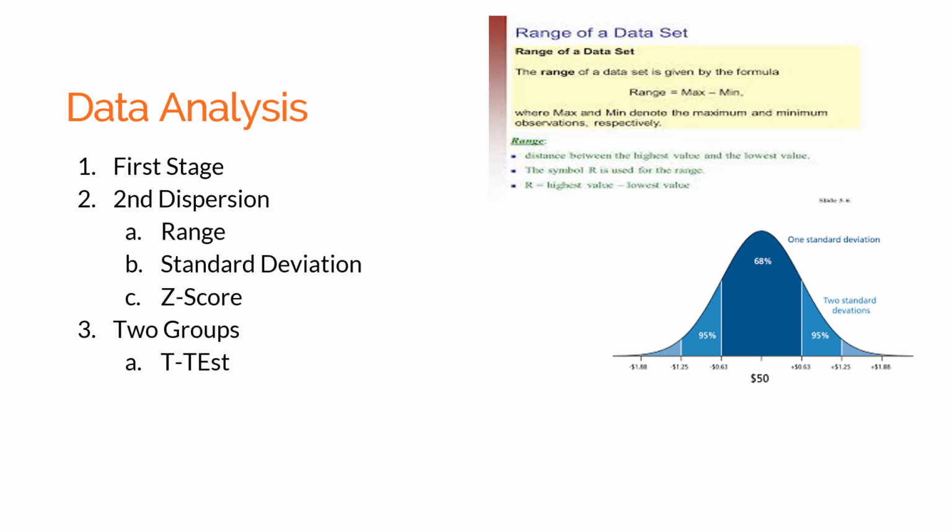Once you've collected your variables, ordinal, interval, or nominal, you'd have the second, dispersion, where you would find the range, which is the difference between the highest and lowest value, and the standard deviation, which is the difference between each value and the mean.